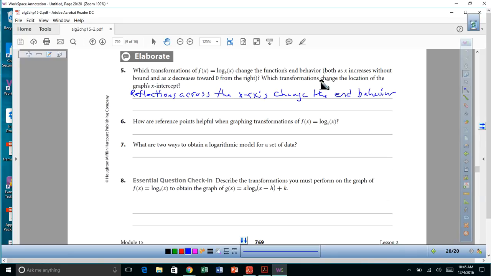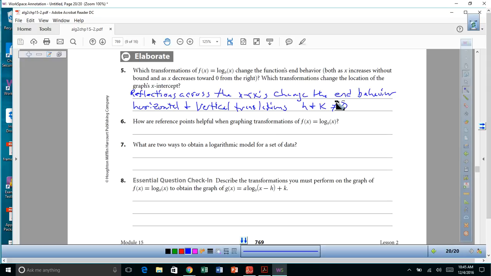And it says, which transformation changed the location of the graph's x-intercept? Horizontal and vertical translations, that's when h and k are not equal to 0.